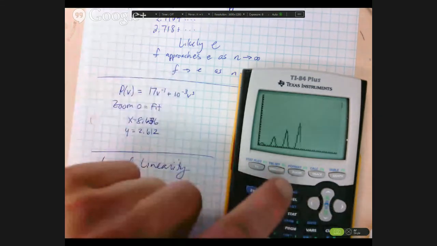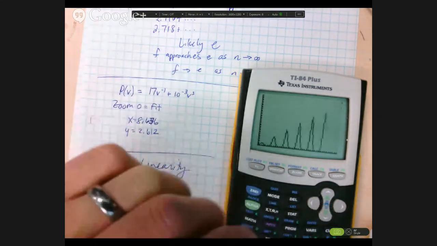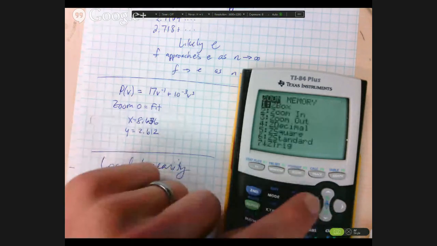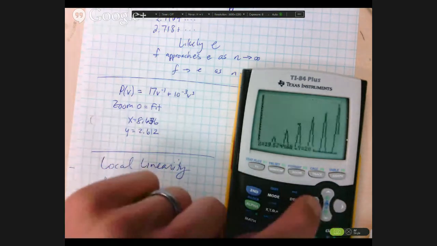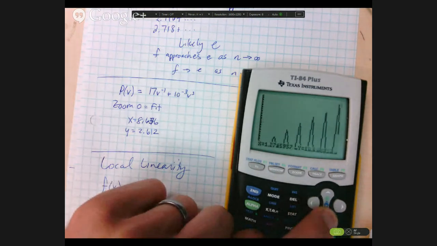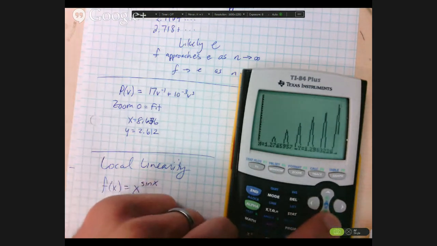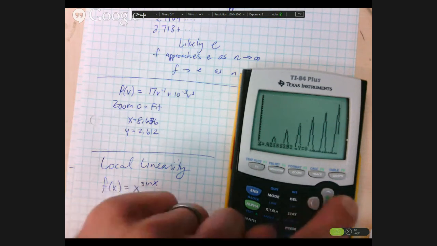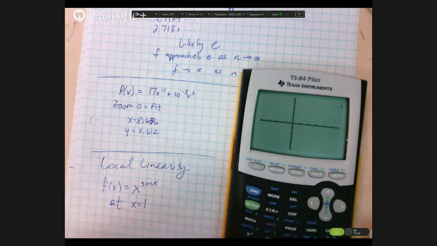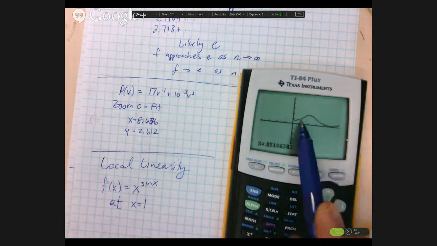Okay, we're gonna set a window that's a lot smaller. Probably gonna drop one down on the y-axis. Okay, so we get a much better illustration of the way that graph's pointed, because we're trying to figure out what the slope of that curve is right there at x equals 1.